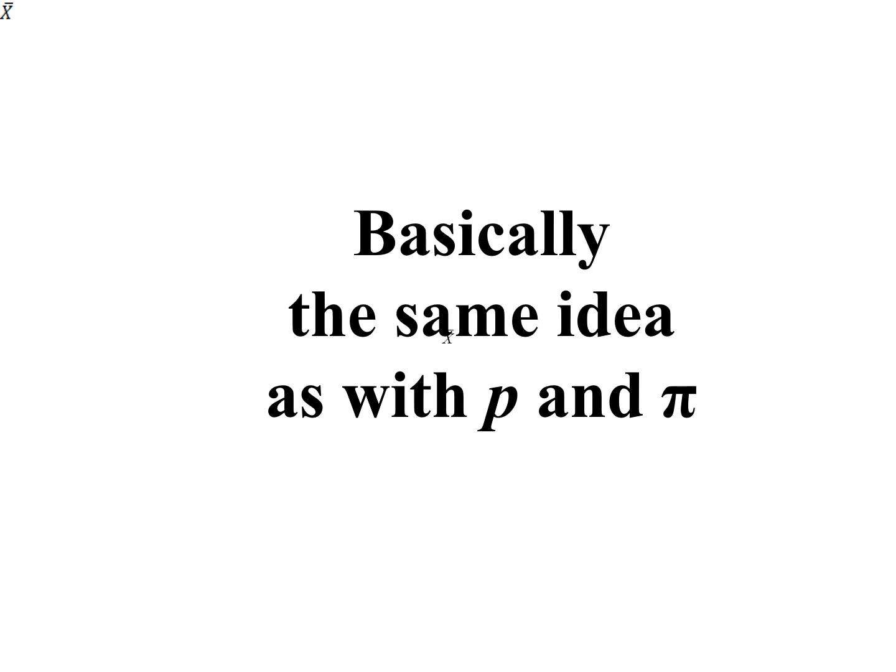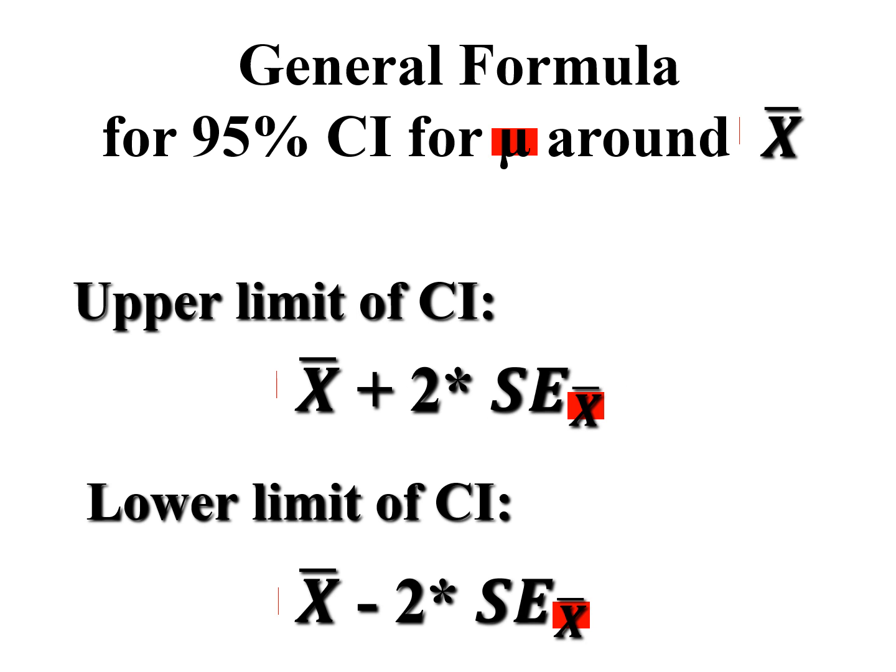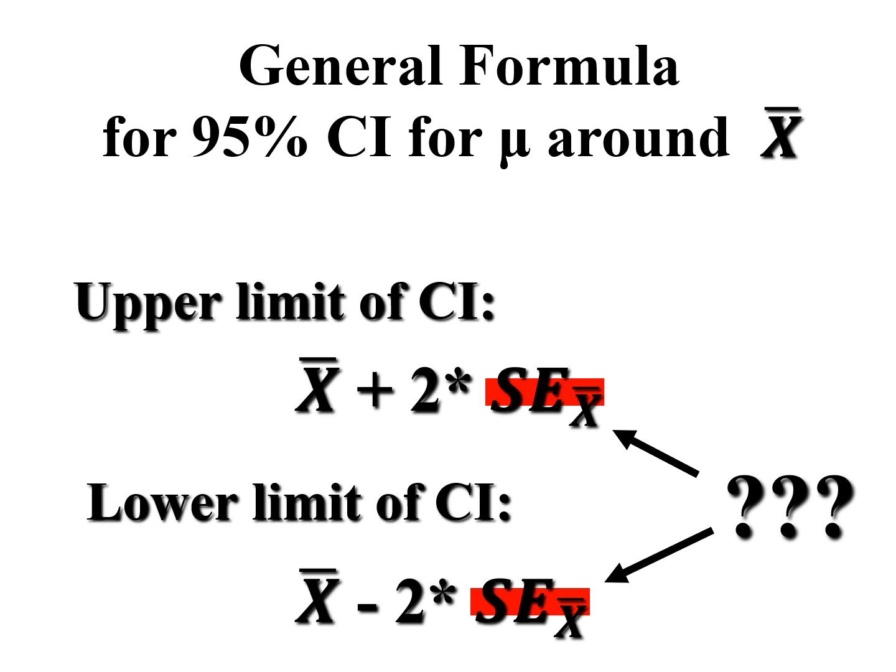The calculation of the confidence interval is basically the same idea as what you already know for p and pi. Here are the formulas for the confidence interval, and as you can see, they are the same as the formulas for p and pi, except that you substitute the mean of x for p. And again, you can see that there's a problem: you don't really know the standard error.